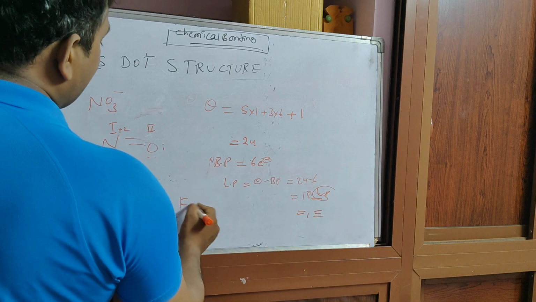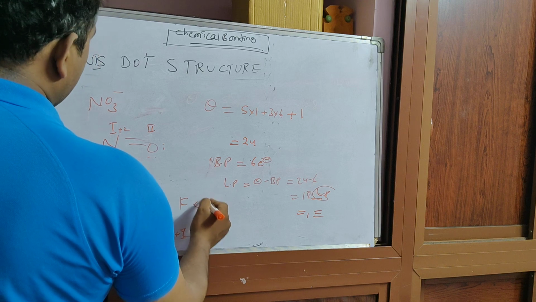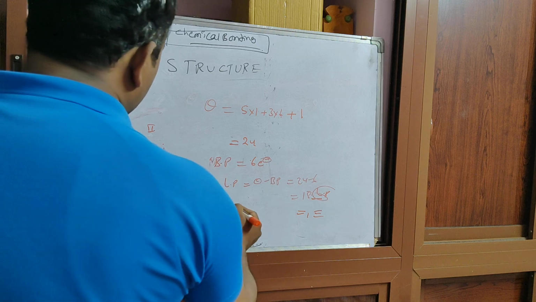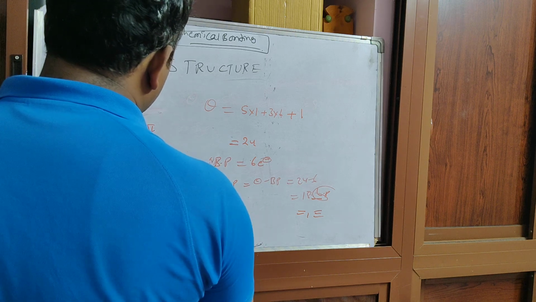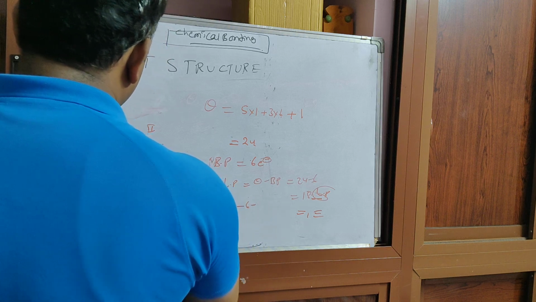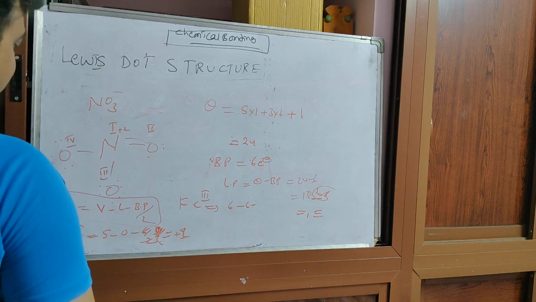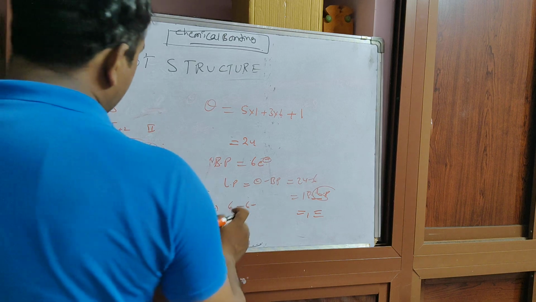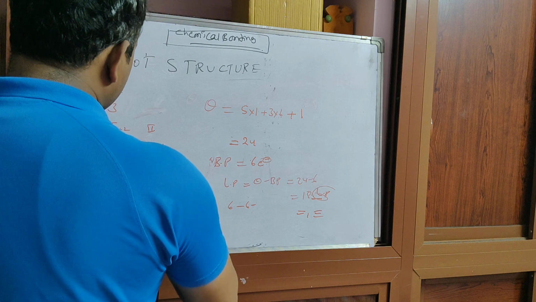In case you want to calculate the formal charge of the third one, how will we do it? Valence electrons is 6, minus lone pairs is 6, minus how many bonds are there? Valence electrons minus lone pairs. Lone pairs are 6. Bond pairs is 1.